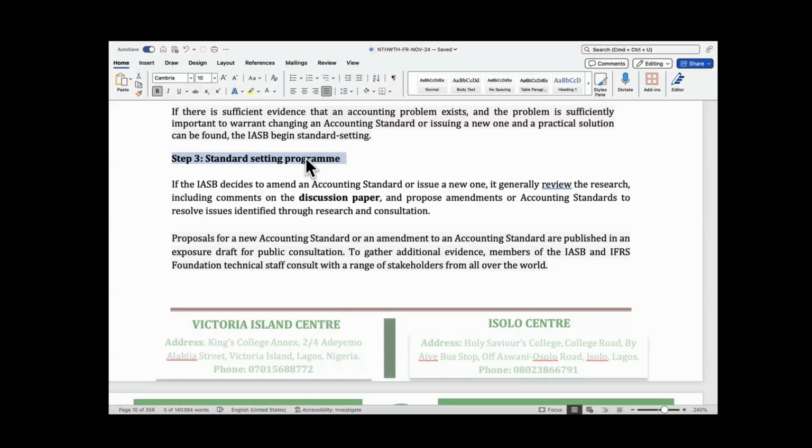So after the research program, they go to the standard setting program. This is where they actually start developing standards. So from the comments on the discussion paper, they know that there's an accounting problem from their research and consultation, which is documented in their discussion paper.